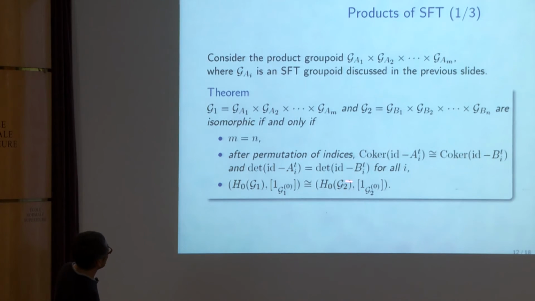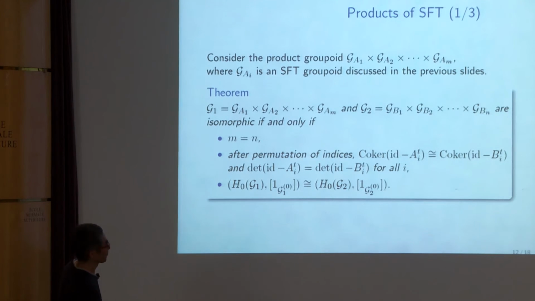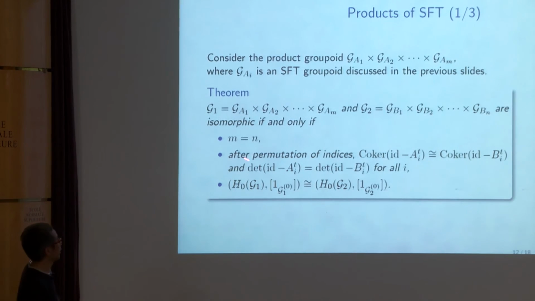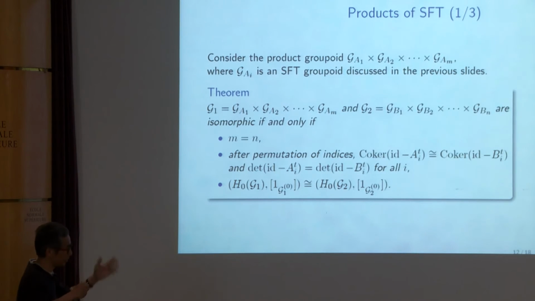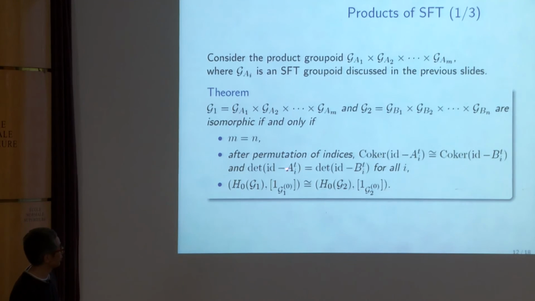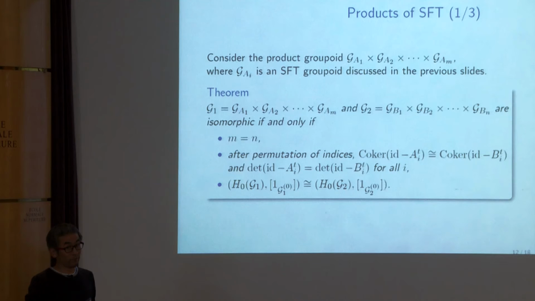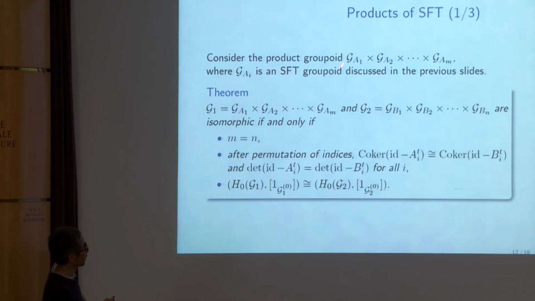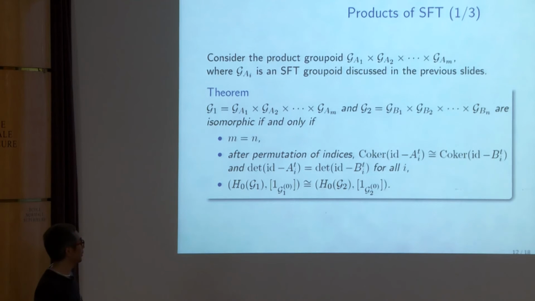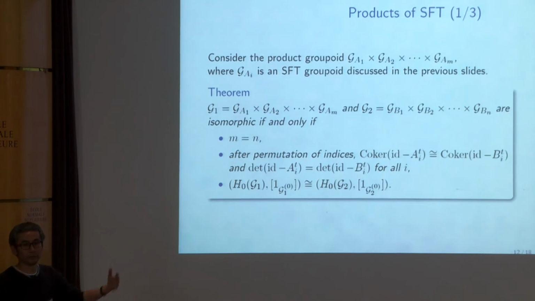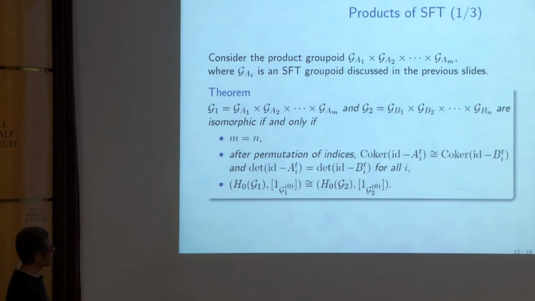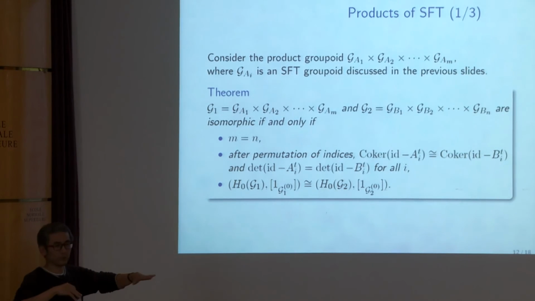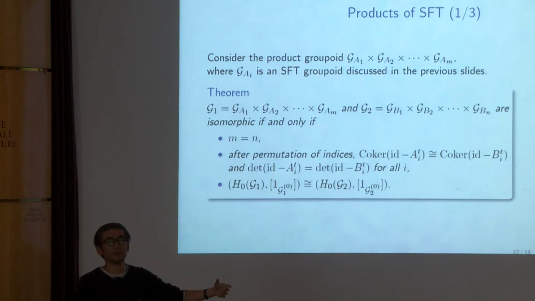Then, first, I prove that these two groupoids are isomorphic if and only if the number of product components is equal, and after permutation of indices, each summand has the same invariant. The cokernel and determinant were a complete invariant for the isomorphism class of a single SFT groupoid. So each coordinate has to be isomorphic. And the last condition says that the positions of the constant function 1 are the same.